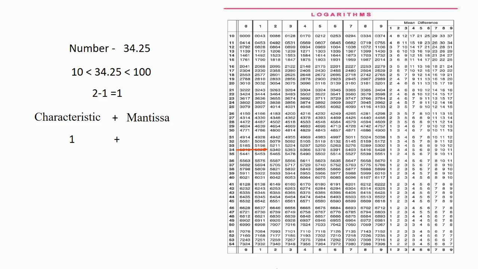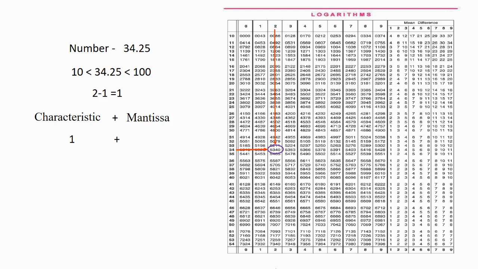I choose the first column. In the first column, I choose 34, and next I have to observe it under 2, because there is a third digit which is non-zero, mentioned as 2. So I observe 34 under the second column. Next, one more digit is still left, that is 5.